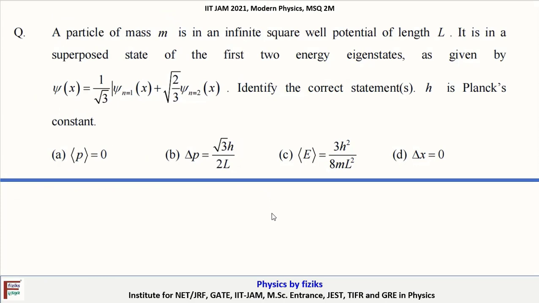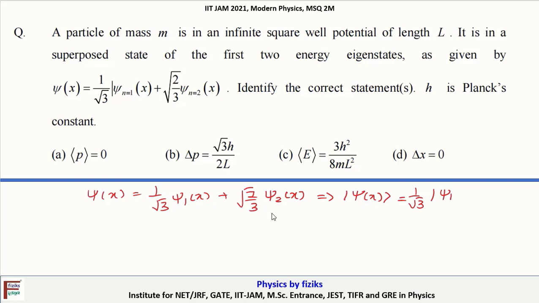In this problem, we have been provided a wave function for a particle inside an infinite square well of length L. That psi of x is 1 by root 3 psi 1 of x plus root 2 by 3 psi 2 of x, or we can also write it in standard notation.